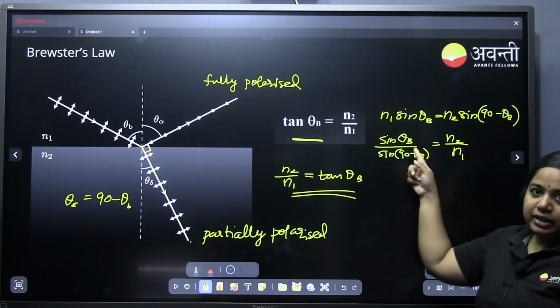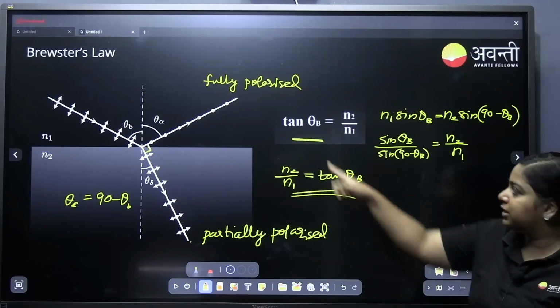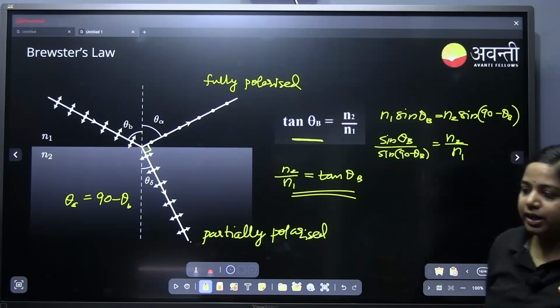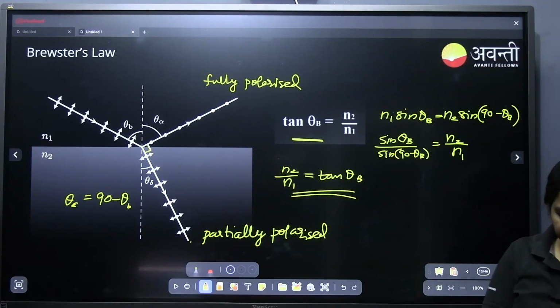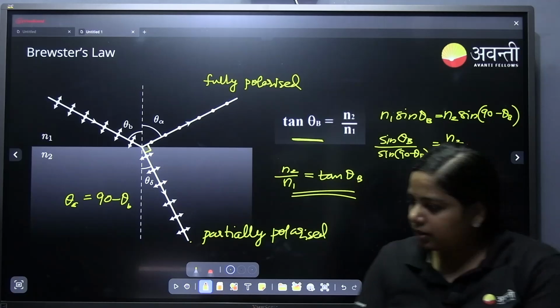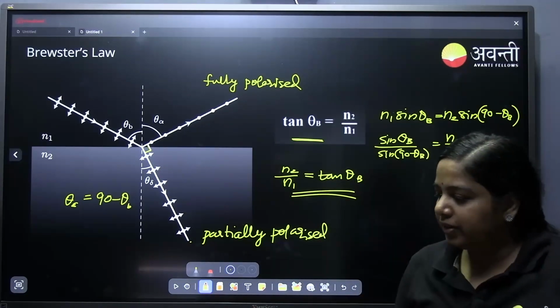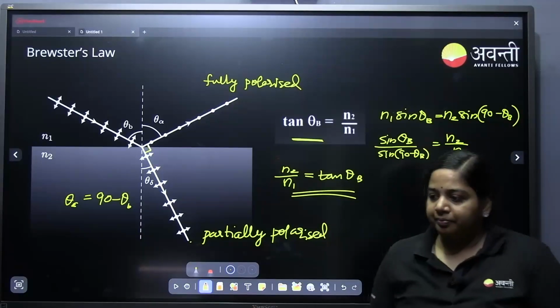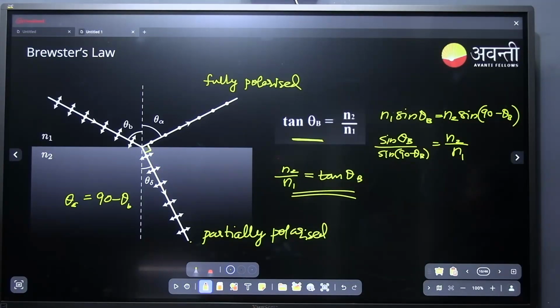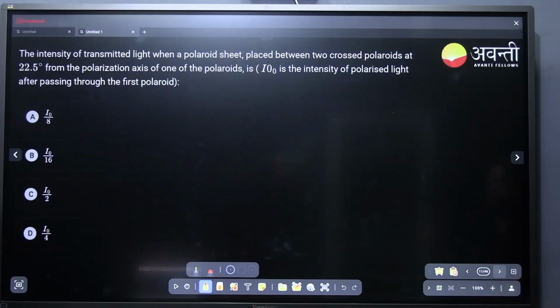Sin of 90 minus theta is cos theta. Sin theta by cos theta is tan theta. This is how we are getting the formula. Okay. Anyone have any doubt in this, or any of the previous topics we discussed? If no doubt, we can move on.